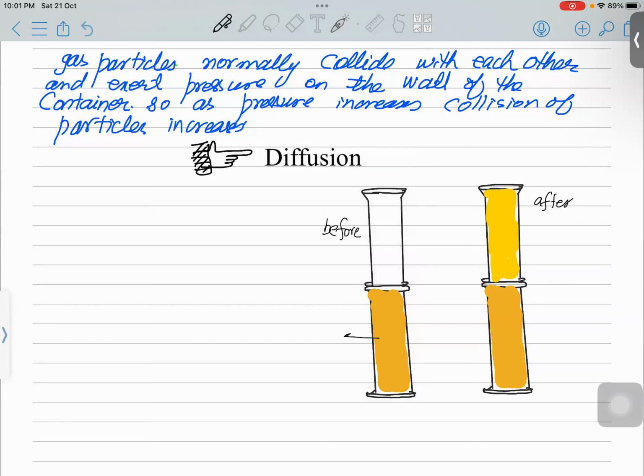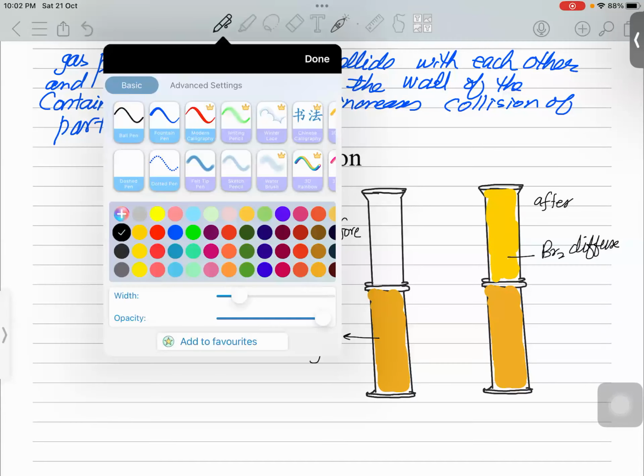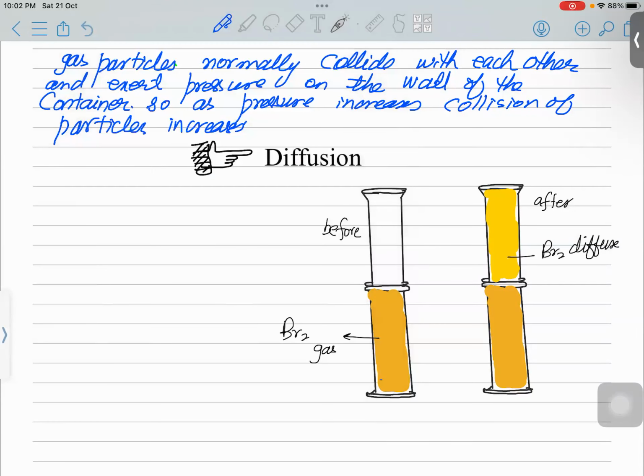Let's suppose this is bromine gas. So Br2 diffuses. You can see that here we have high concentration.